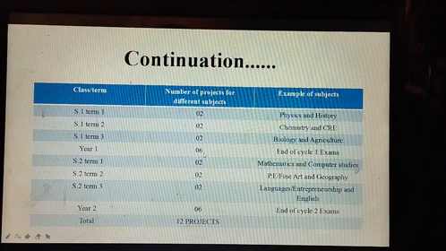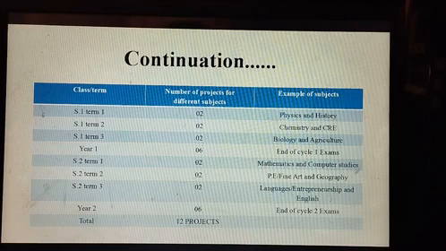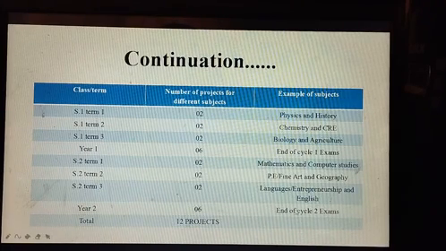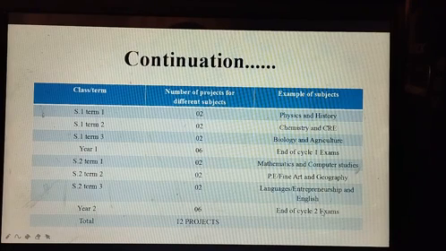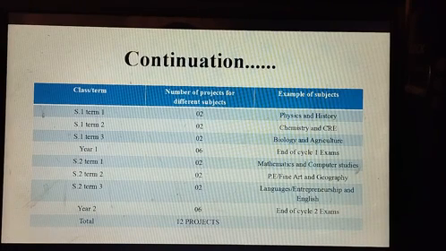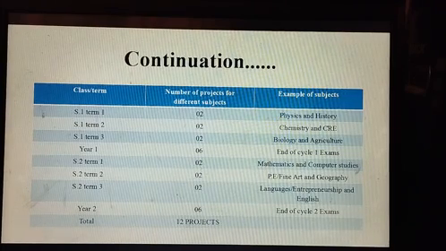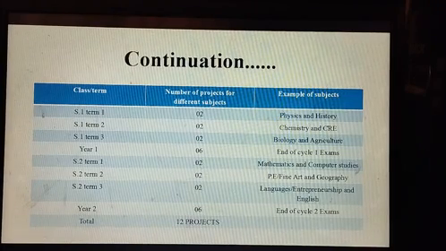So if we add the 6 plus the 6, we come up with 12 projects. But remember, at every end of a year, a student is doing end of cycle examination. So this will be end of cycle exam number 2. That was just a simple analysis that was made.